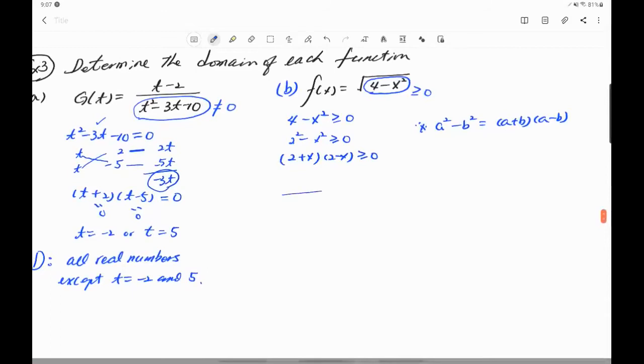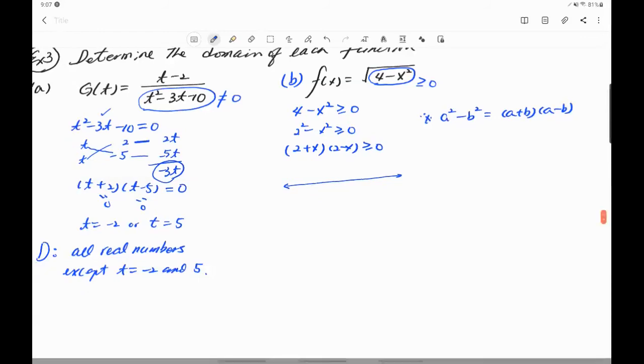In order to find the intervals that satisfy this inequality, we can plot the x-intercepts. In this case, x equals negative 2 and 2. Then we find the sign of y for each interval. For the first interval, x less than negative 2, let's use x equals negative 3.